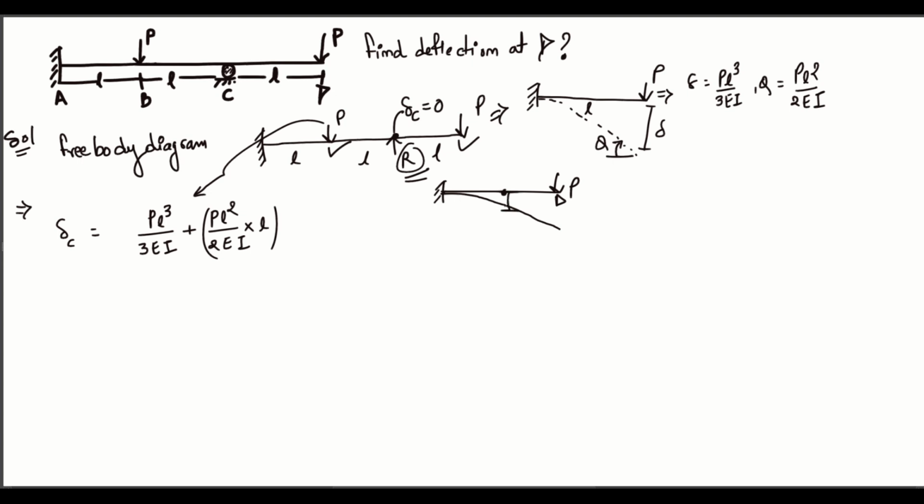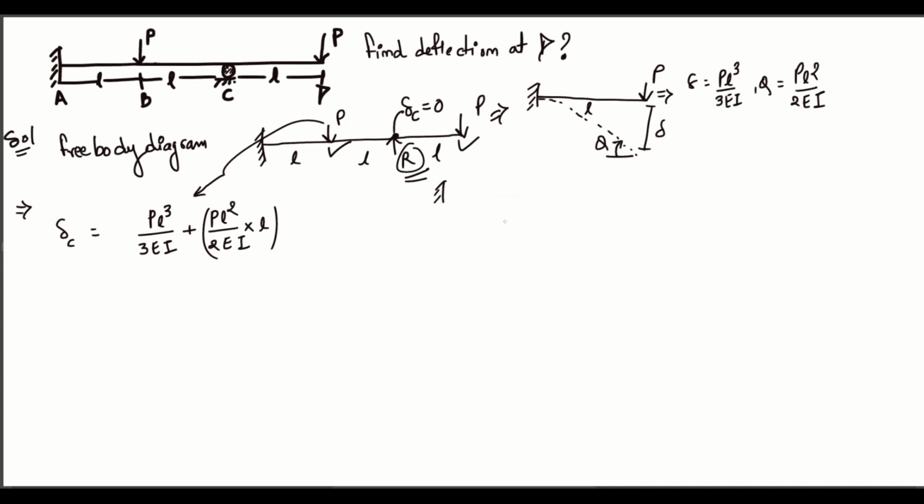Okay, so it will comprise of what? This and this, the P and PL. The moment will transfer at this point C from point D. Okay, so the deflection will be due to the point load plus due to the moment.